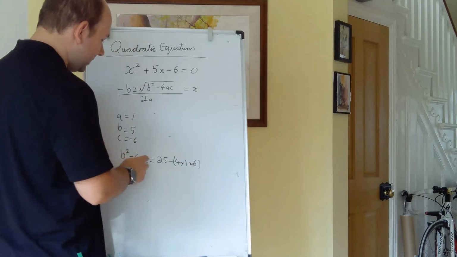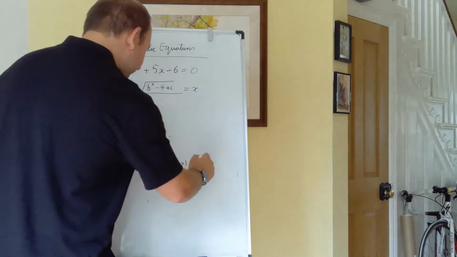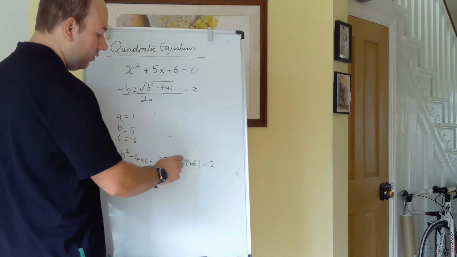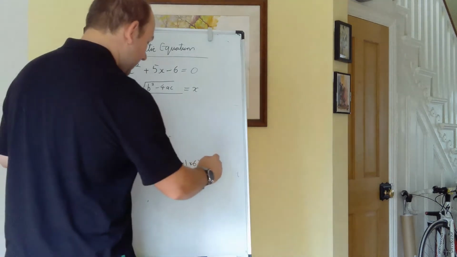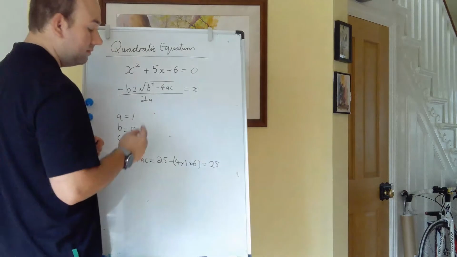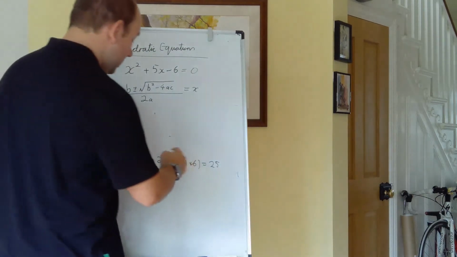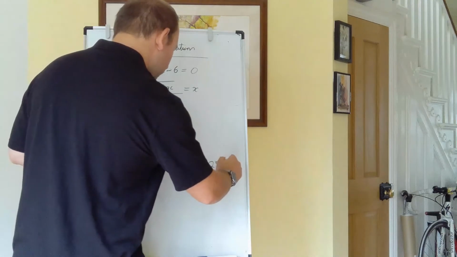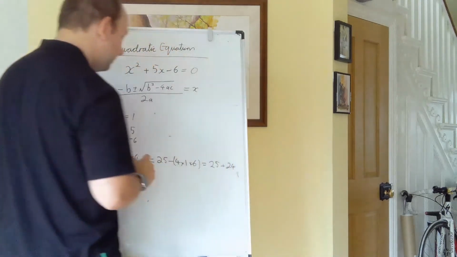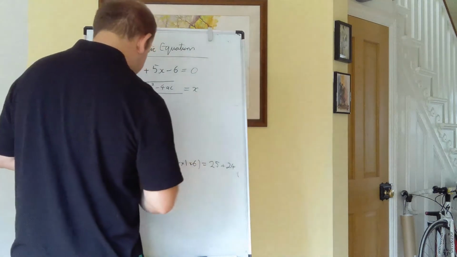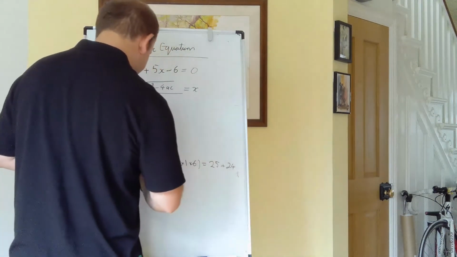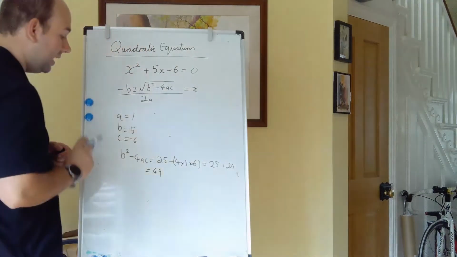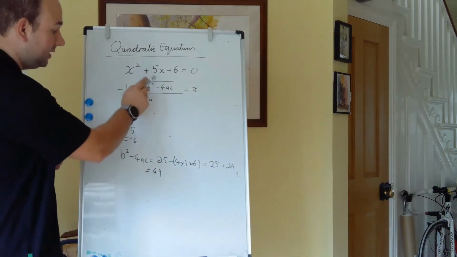So here we end up with 25. 4 times 1 is 4, times minus 6 is minus 24. We've got a minus outside, so that's going to go to plus 24, which is equal to 49. Now, this is positive, so we know there must be solutions.